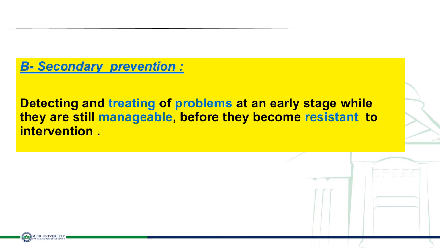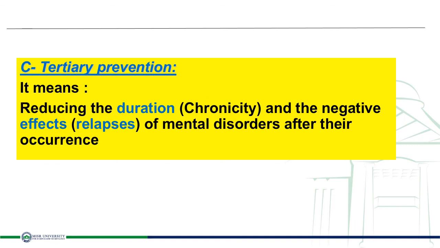What about the third? It means two issues. Number one, reducing the duration of the disorder. Number two, reducing the negative effects related to relapses of mental disorders after their occurrence.